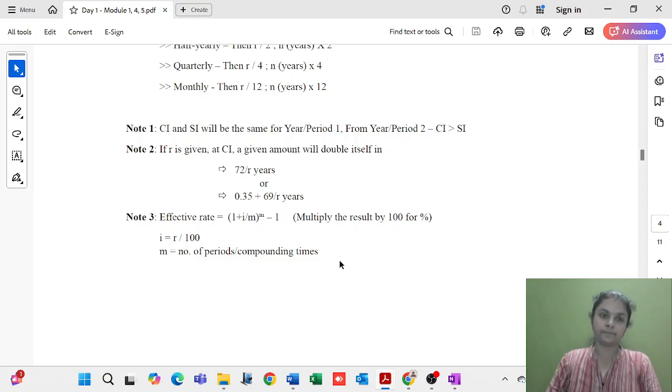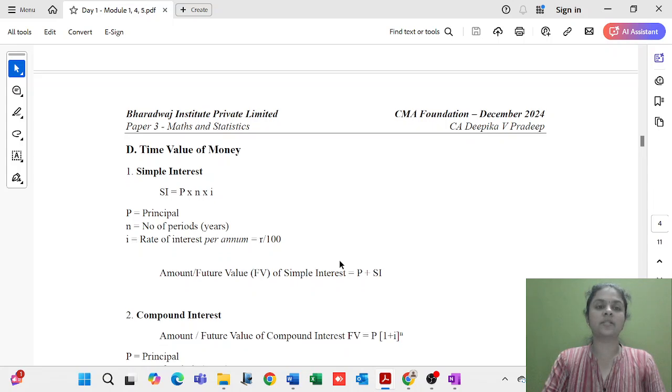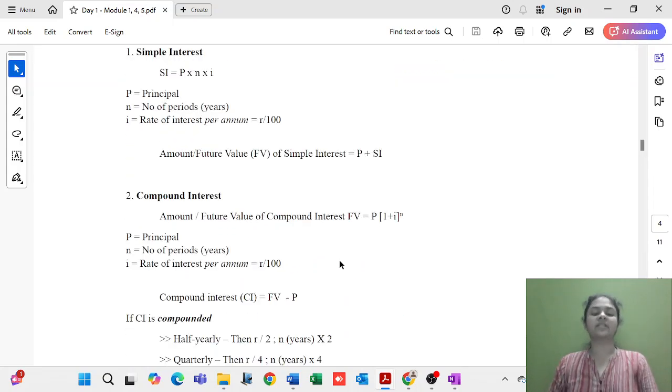Am I clear? Go through once. Note down the formula so far that we have discussed and the points.